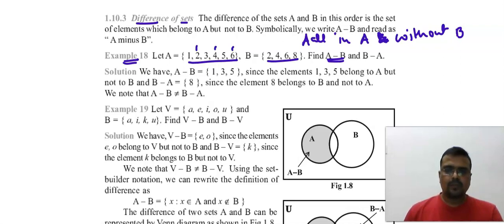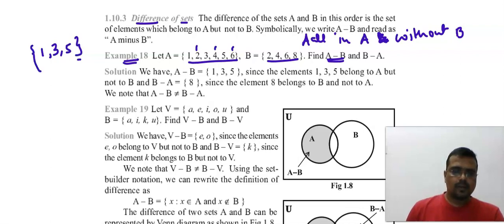So that you will remove. So A minus B is nothing but 1, 3, 5. So again A minus B means all in A but not in B, right? So that is 1, 3 and 5.